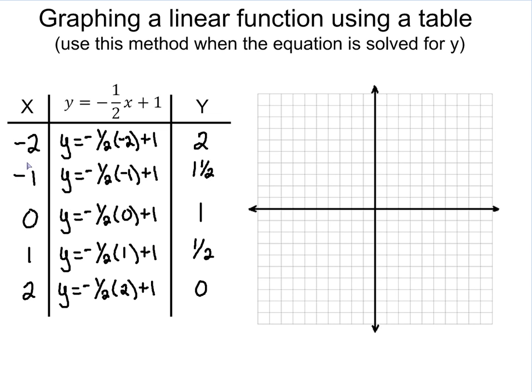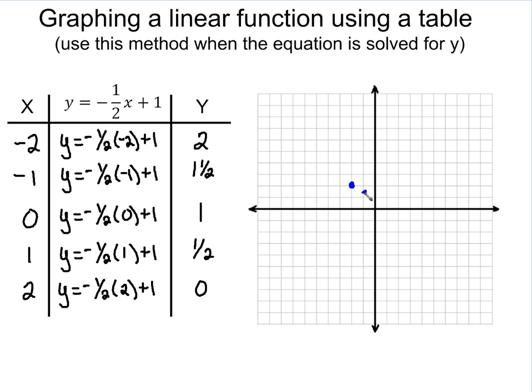Now, in this problem, since I chose numbers that did not automatically work easily with 1/2, we do have fractions in our answers. But that's fine. We just have to graph it as a fractional answer on the graph. So we're going to do the exact same thing we did in the last problem. We have (-2, 2). So we're going to go over -2 and up 2, put a point. We have (-1, 1.5).